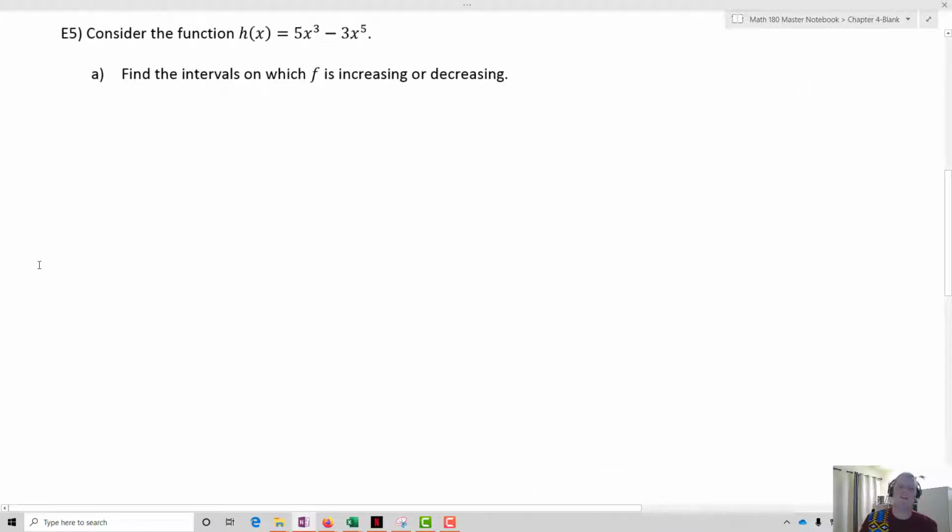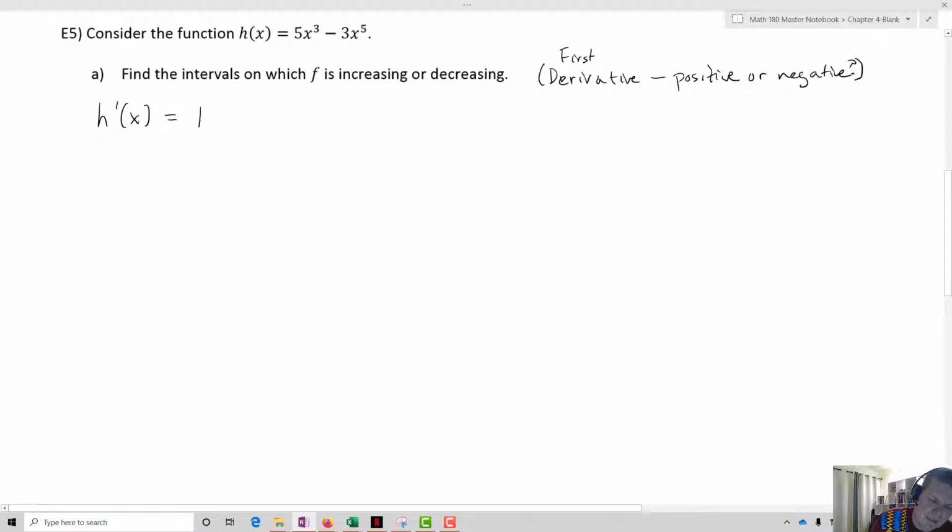So now let's consider the function h of x, which equals 5x cubed minus 3x to the fifth. We'll find the intervals on which h is increasing or decreasing. In order to determine increasing or decreasing, we want the first derivative and we want to know positive or negative. First we'll find h prime of x. h prime of x is going to be 15x squared minus 15x to the fourth.